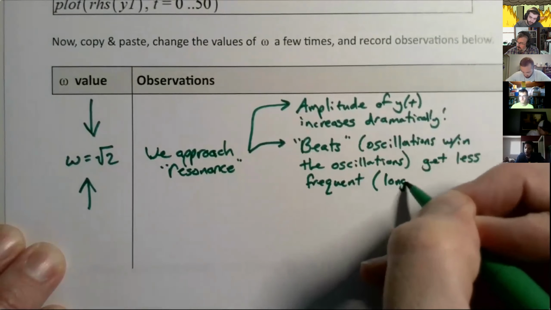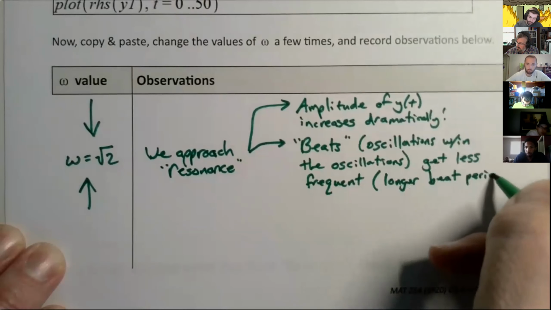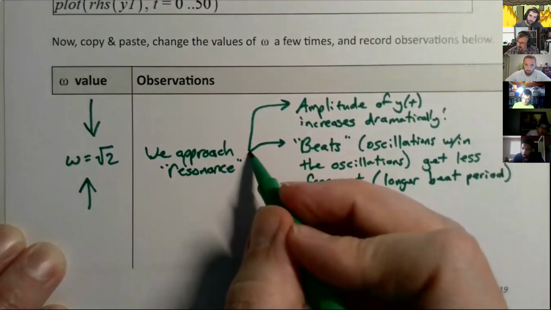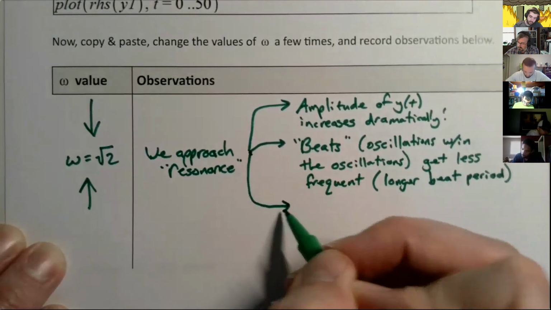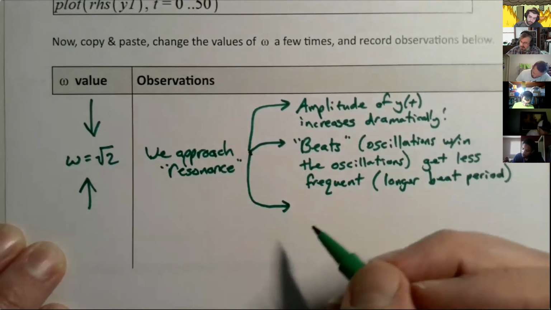So a longer beat period. Another consequence is that those beats get slower, if you think of it that way, in time.